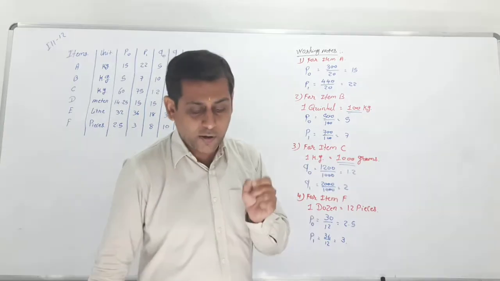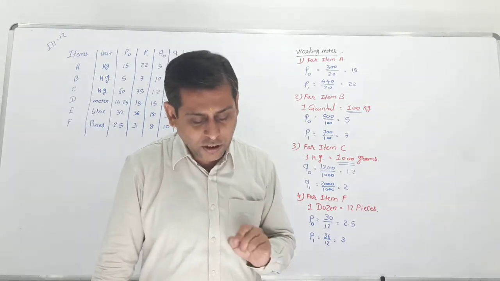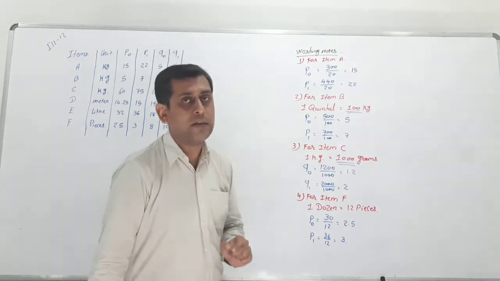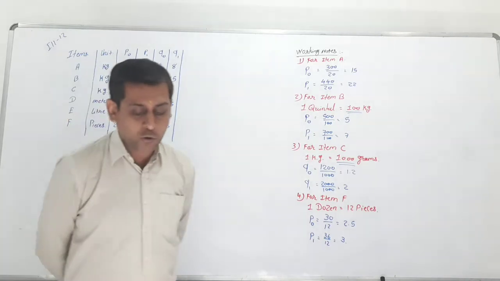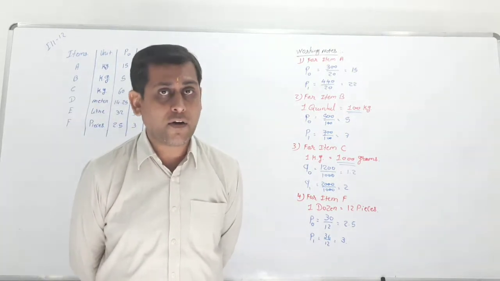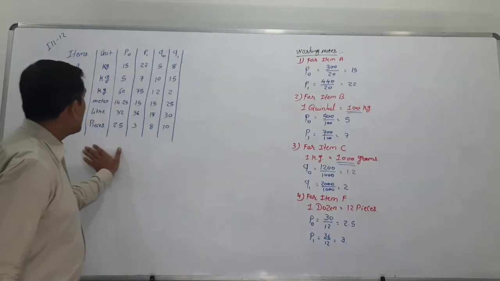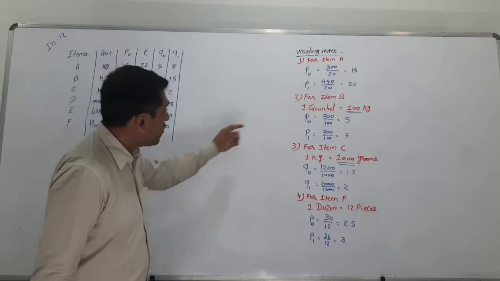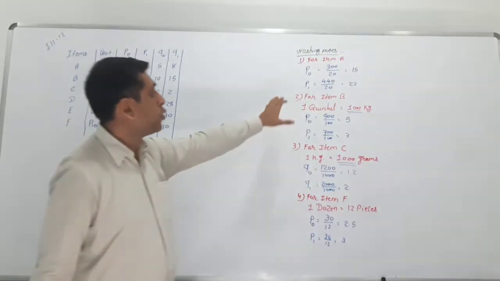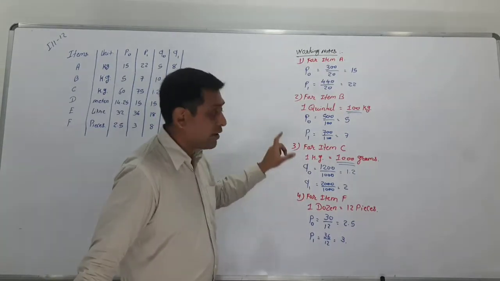Compute Laspeyres, Paasche and Fisher's index number for the year 2016 from the data given below by taking 2015 as a base year. So here we have to find out IL, IP and IF. For that we are writing just the converted question, after this the working note. You have to write this working note in each and every sum like this.